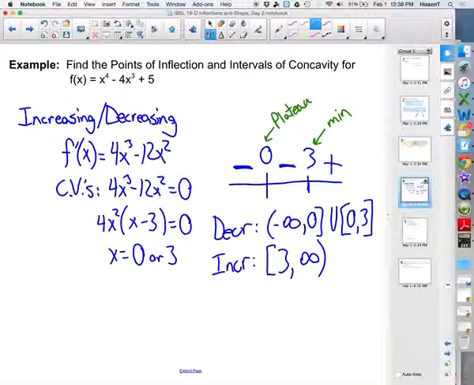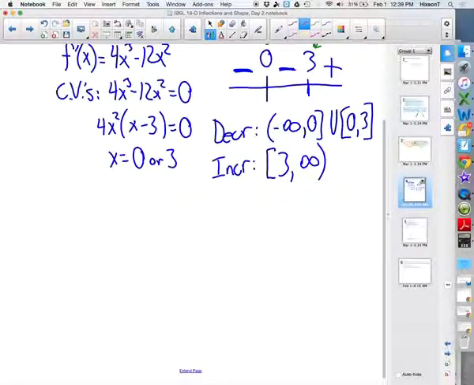Now, to answer what this example is actually asking for, the intervals of concavity and points of inflection. What points of inflection do we have? Alright, so concavity. Well, our first derivative was 4x cubed minus 12x squared.